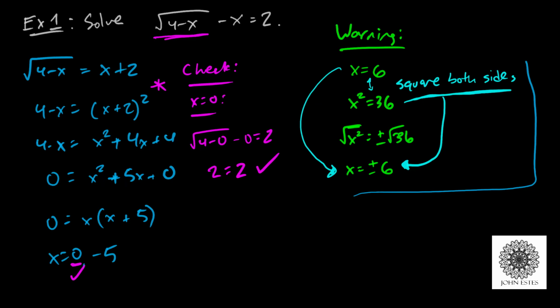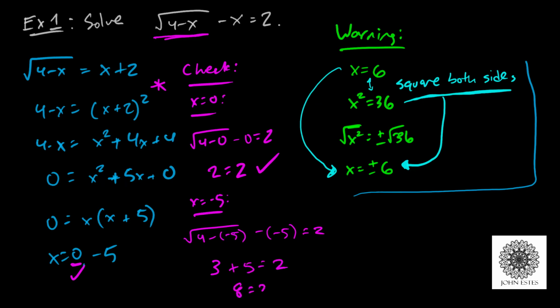Let's check negative 5. I think we're suspicious of this one now, but let's just check to make sure. If I plug in negative 5, I have the square root of 4 minus a negative 5, minus a negative 5, equals 2. 4 minus a negative 5 ends up being 9, so the square root of 9, which is 3, minus a negative 5 becomes plus 5, equals 2.